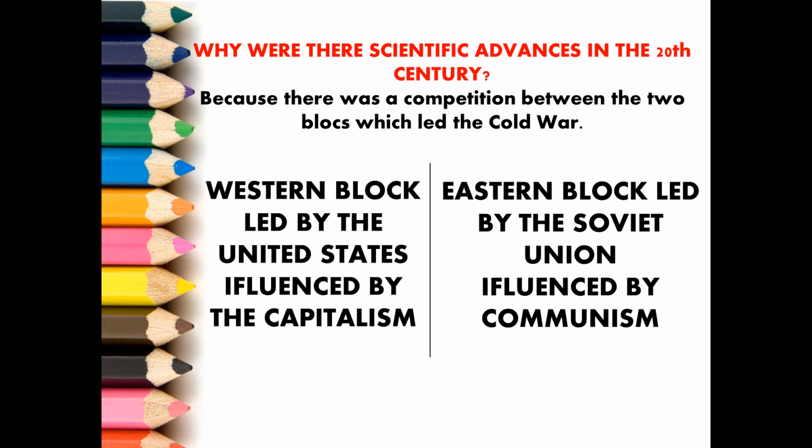The new battlefields in which the Cold War took place were the race to the moon, the Olympics, cinema, because these were spaces where the countries could demonstrate that they were superior to the other bloc, that capitalism was superior to communism or communism was superior to capitalism.